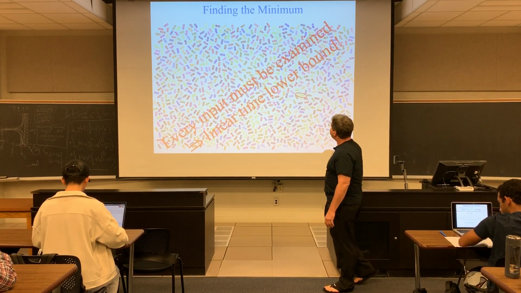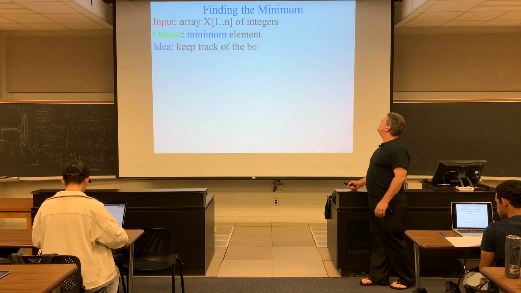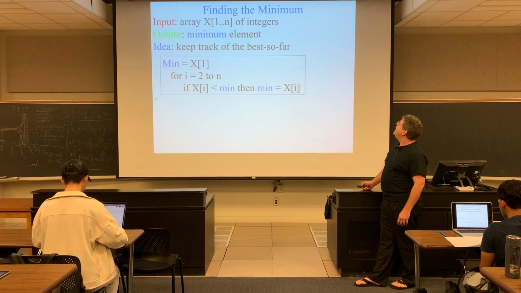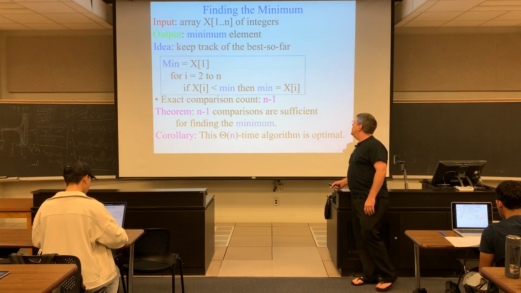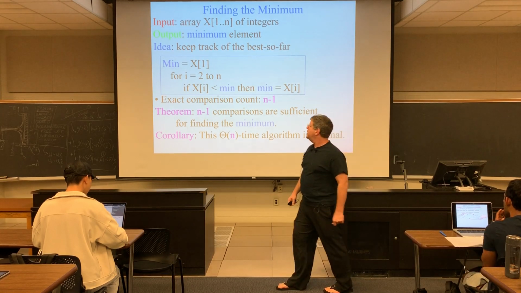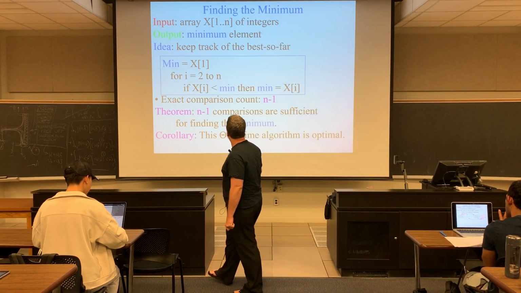That's a lower bound that no algorithm can beat. And we gave a linear time algorithm to find the min or the max. We said that n-1 comparisons are sufficient by this very simple two-line algorithm.